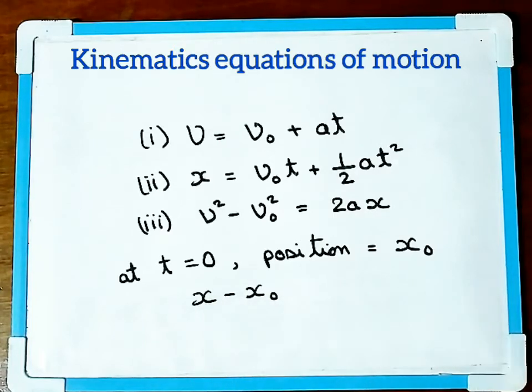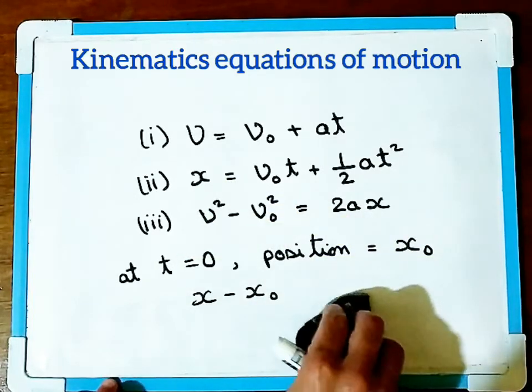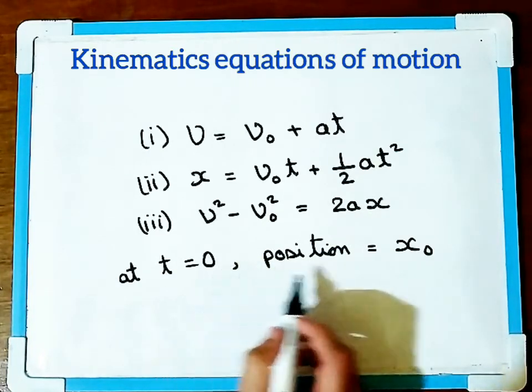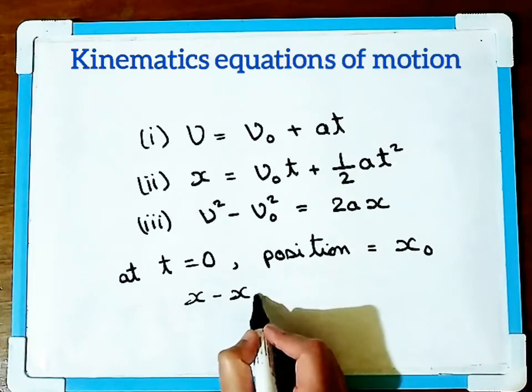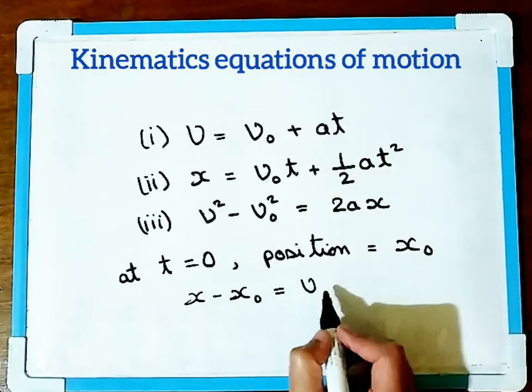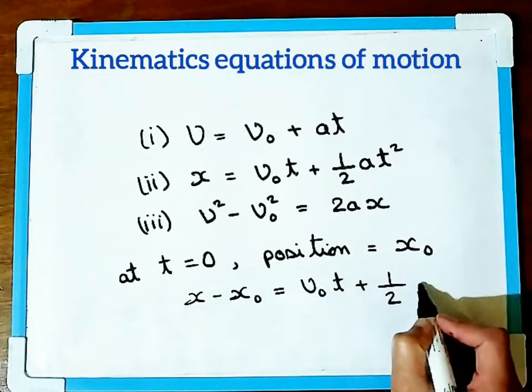Again, let us recall the displacement is the change in position. So if the initial position is x naught, the displacement will be x minus x naught: final position minus initial position is equal to v naught t plus half a t square.